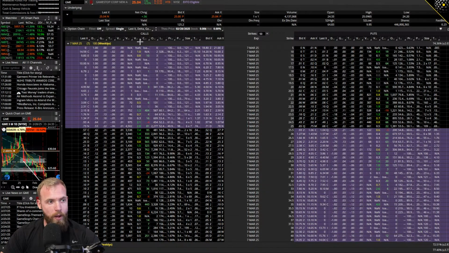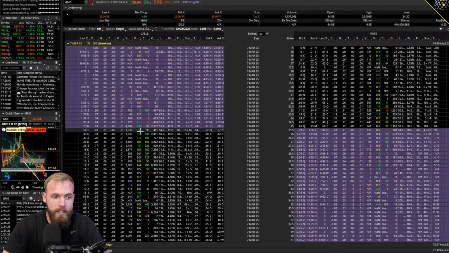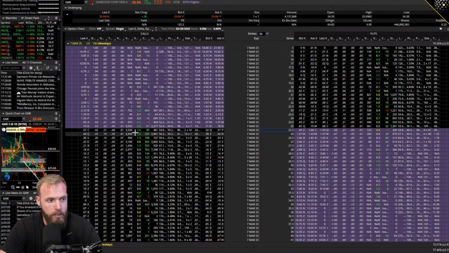And then I also have another tool that helps me calculate the volume ratio, right? So in this case, for the 25s and a halves, I can see that day over day 95 were added. But then I can also see that 7.4 times of this strike were traded today compared to the open interest. 3,500 compared to 481, going back to what we learned earlier.